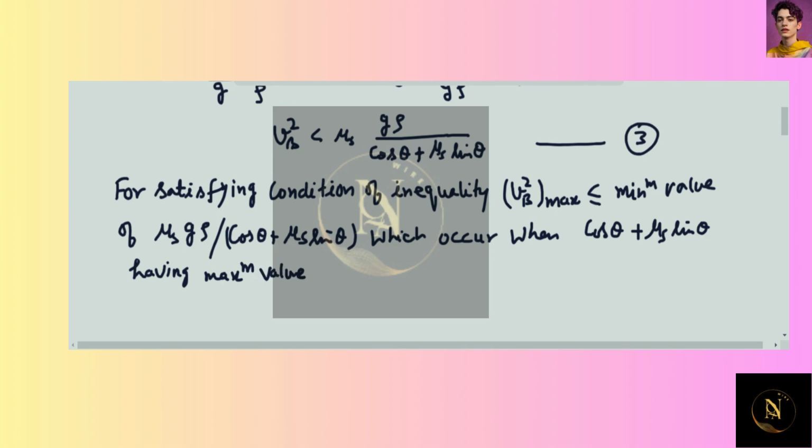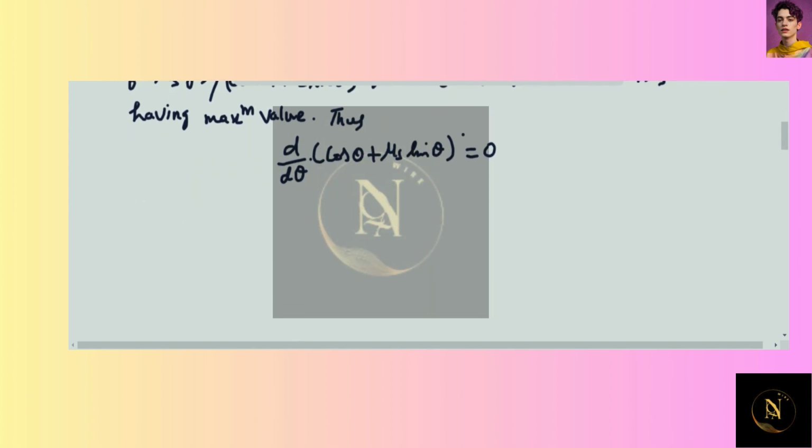Thus, d upon d theta of cos of theta plus mu s sin of theta must be 0. So from here you may get minus sin of theta plus mu s cos theta to be 0.